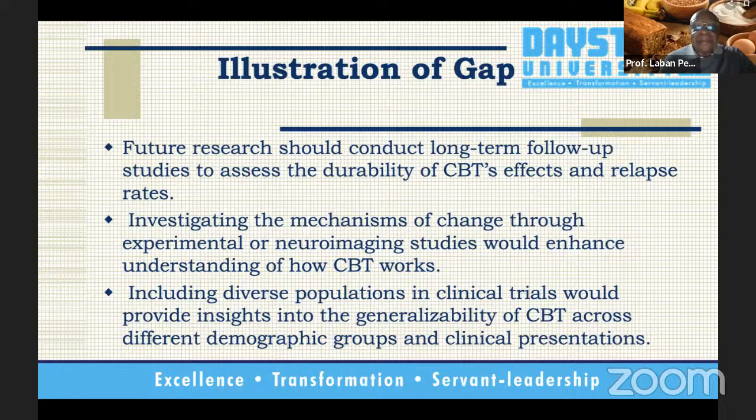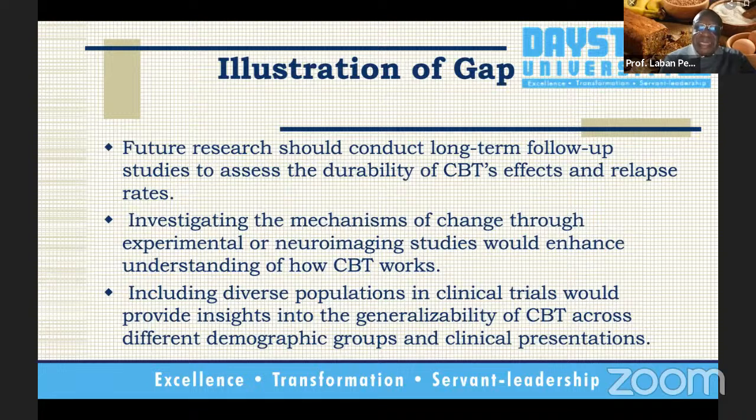Illustration of the gap. Future research should conduct long-term follow-up studies to assess the durability of CBT's effects and relapse rates. That's an area to study. Investigating the mechanisms for change through experimental or neuroimaging studies would enhance understanding of how CBT works.